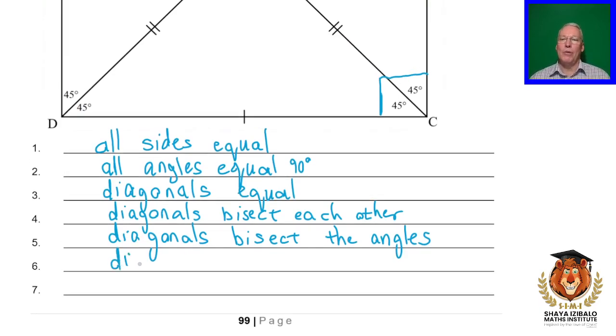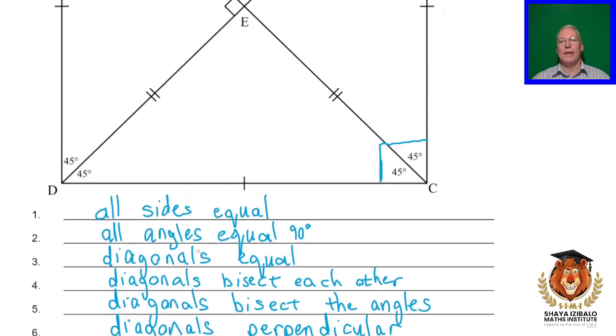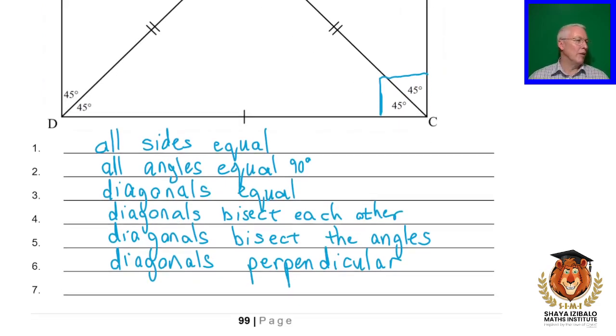The diagonals are perpendicular. All right, and then I'm just trying to see what the last one is. Okay, the last one is opposite sides equal, but we in fact have said all sides are equal, so we don't really need that one.